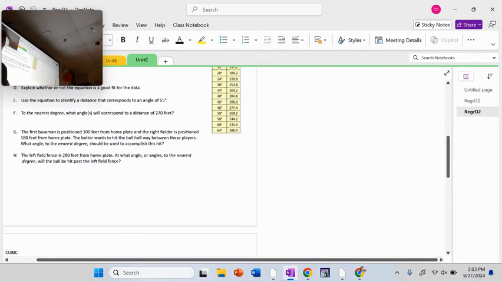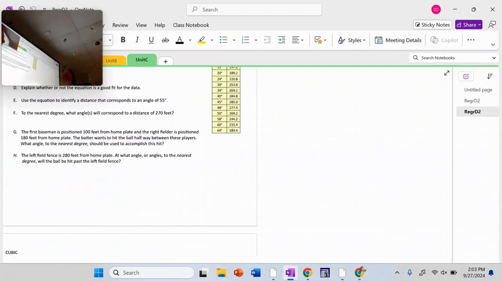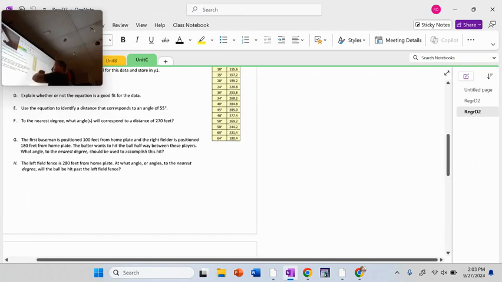Y2 equals 270. And then what's between 100 and 180? What value is between 100 and 180? What's 140? So I just do the first base position. That's the feet. That's over here. So again, you put 140 in the Y2 screen and find the intersection.